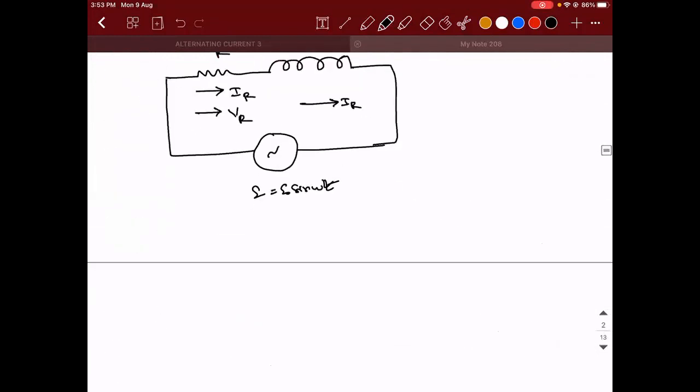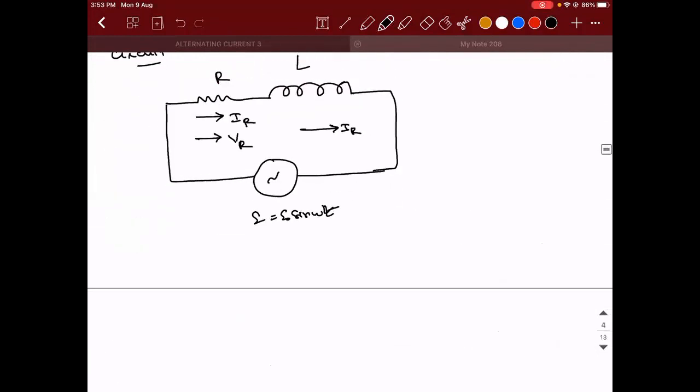So what will happen? IR is like this. Current will lag the voltage by pi by 2, so this will be VL.